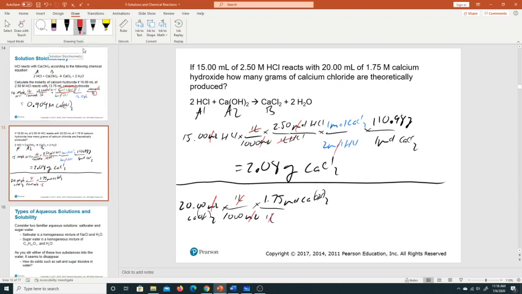You can notice there's a 1 in front of calcium hydroxide and 1 in front of the calcium chloride. So it's 1 over 1. So moles cancel here. And last but not least, we multiply by the 110.98, convert to grams.